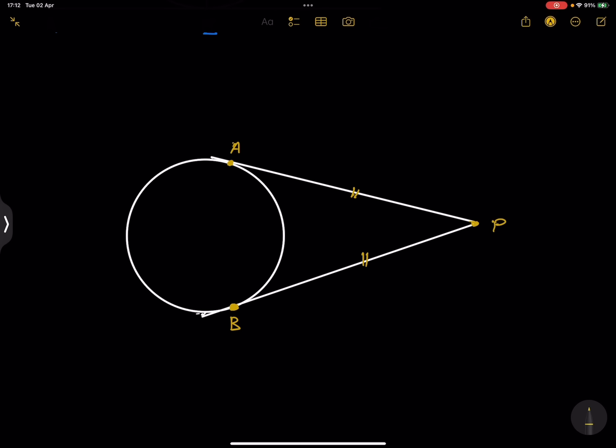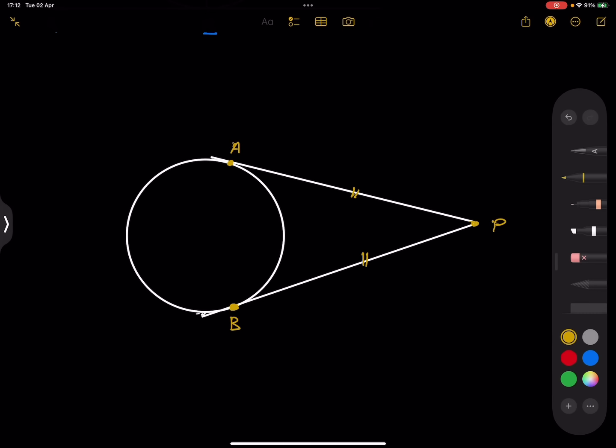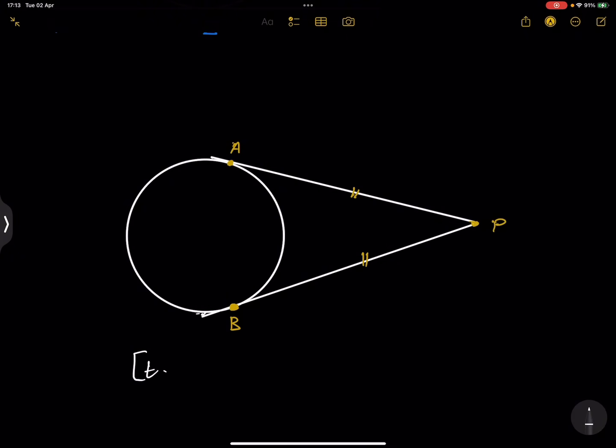These are called tangents from the same point.